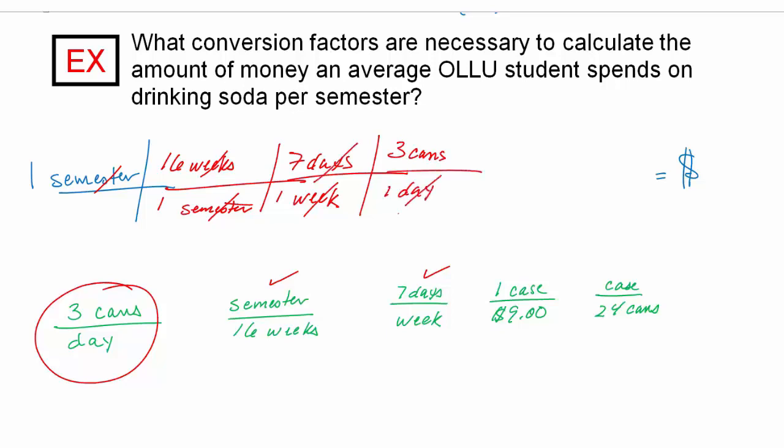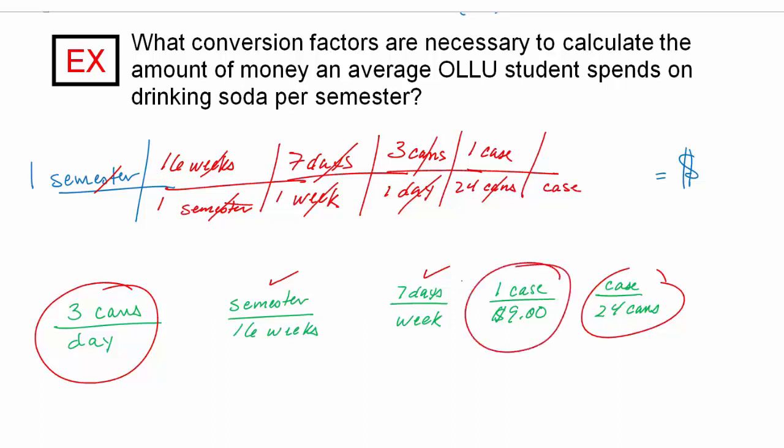Now our days have canceled. Now we got to get rid of cans. Here we go. 24 cans in 1 case. Cans are gone. Now I have to get case to disappear. In a case, here we are. We just need to flip it, right? Flip that conversion factor. In 1 case, you've got $9.